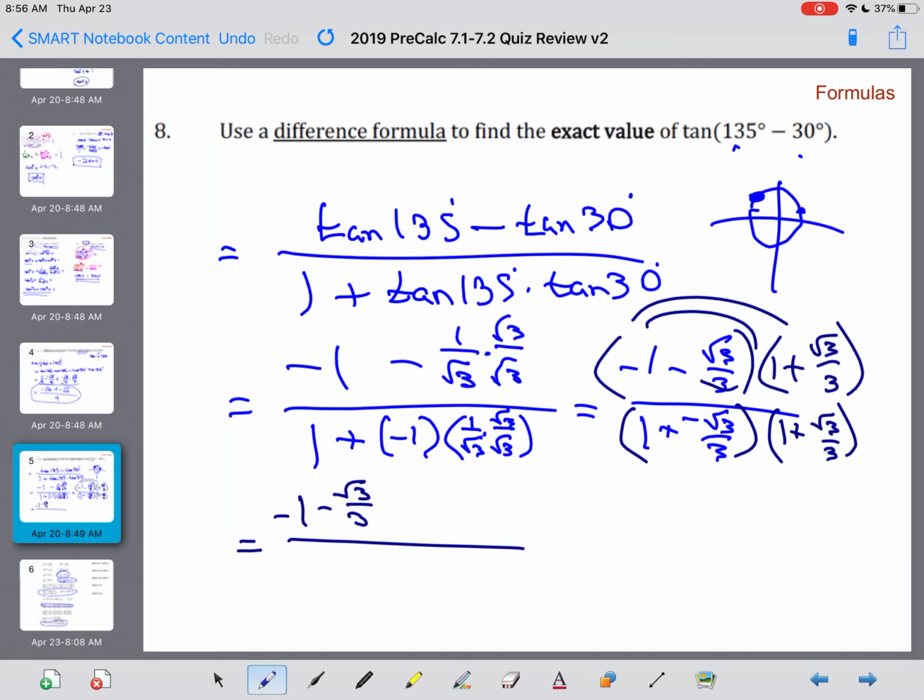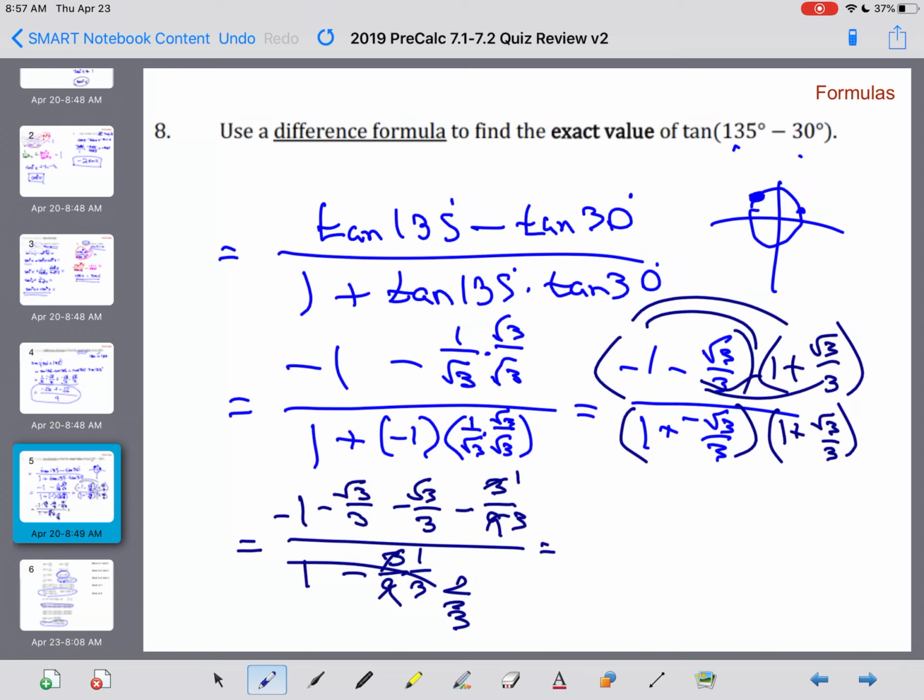Then when I do my insides and lasts, I'm going to get another negative root 3 over 3, and then minus 3 over 9, which simplifies to 1/3. In the bottom, I'm going to get 1, the middle terms cancel, and I'm going to get 3 over 9, which is also 1/3, which gives me 2/3.